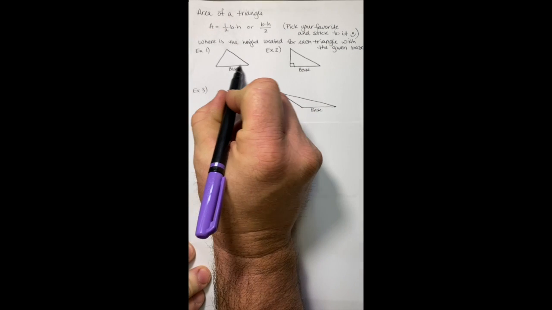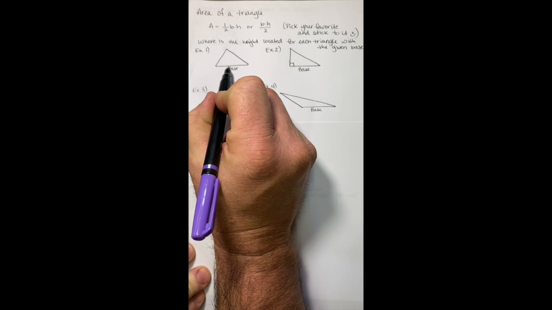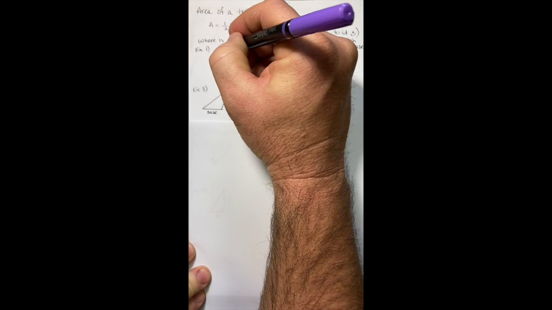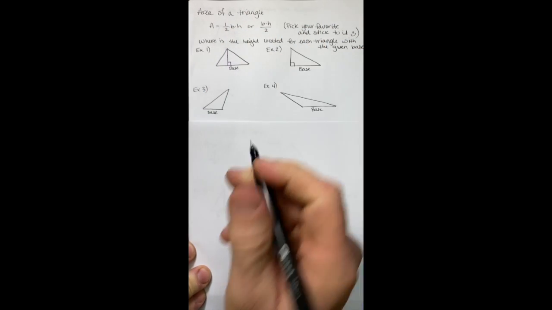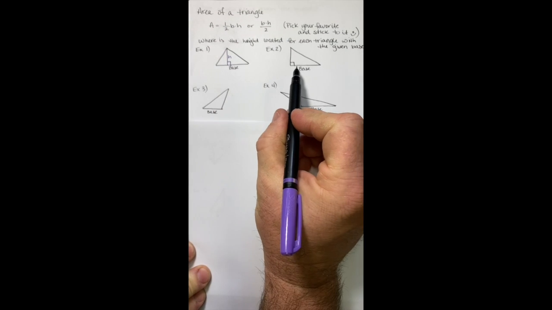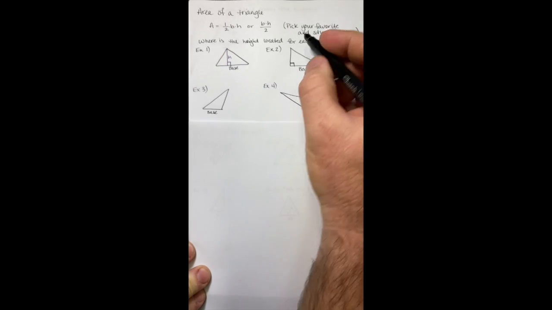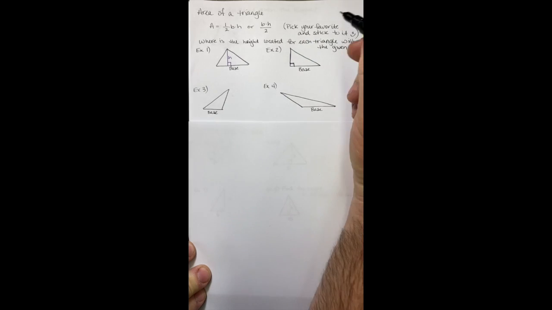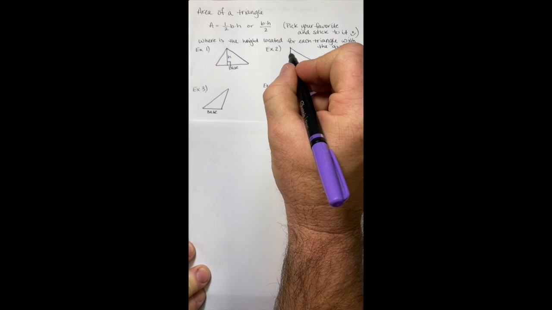If this is my base, then I look at the opposite vertex, which is here, and I draw a line straight down to it, and it is 90 degrees. So that would be my height. You can do the same thing here. However, there's already a line that makes a 90-degree angle with the base. So if this is my base, this is the 90-degree angle, so that has to be my height.